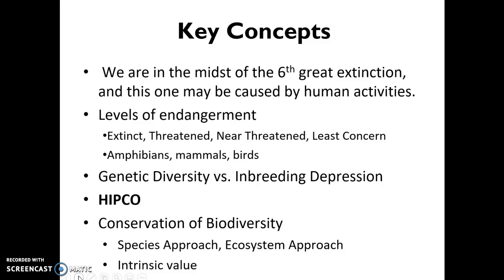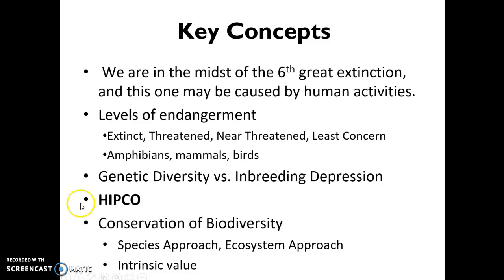You should understand the importance of genetic diversity and the fact that if we decrease a population to a critical point, generally less than 400 individuals, inbreeding depression will occur, and that species is far less likely to survive. And big time here, you should understand HIPCO, the 5 major factors, all of which are driven by human populations and human population size that are causing the declines in biodiversity that we are seeing.